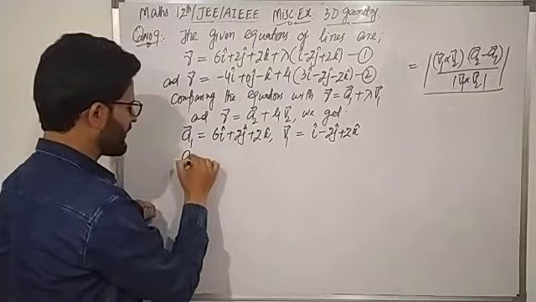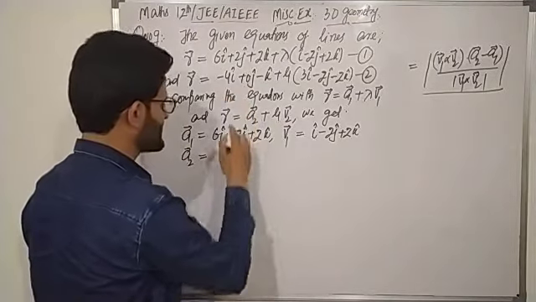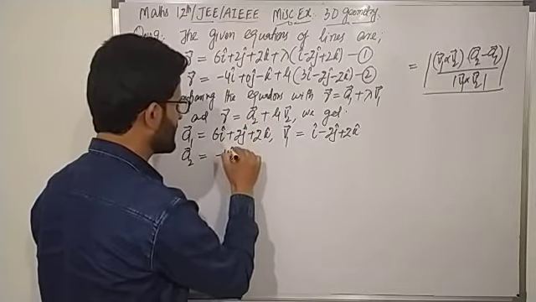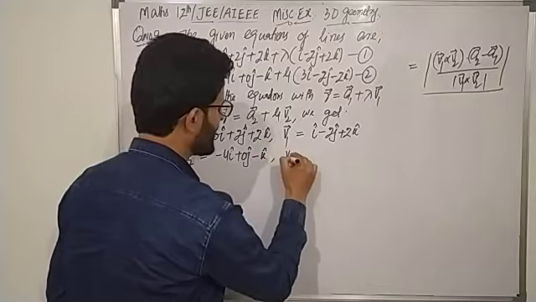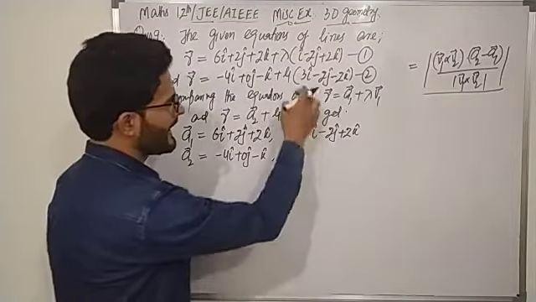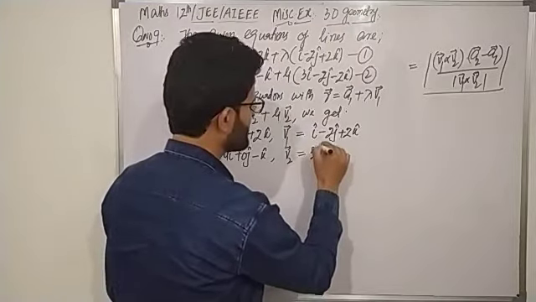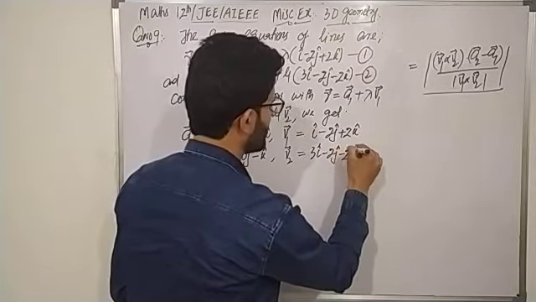Similarly, a2 vector is the position vector of the point through which the second line passes, that is minus 4i plus 0j minus k, and v2 vector, which is parallel to the second line, must be 3i minus 2j minus 2k.